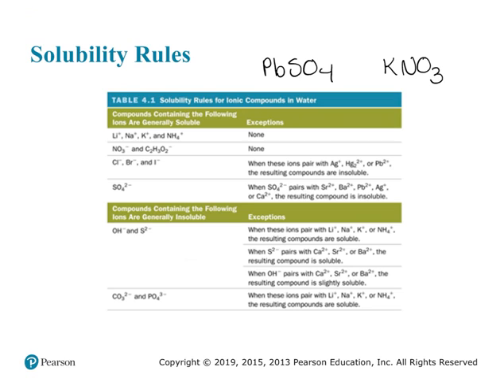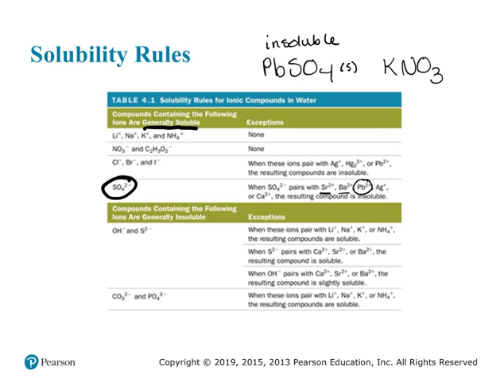Let's start with lead sulfate. Lead isn't really listed in our main ions here, but sulfate is, and sulfate is generally soluble unless it's paired with strontium, barium, lead, silver, or calcium. That tells us that in this case, lead sulfate is insoluble. So that would be our solid, right?